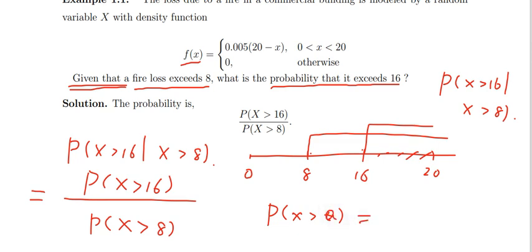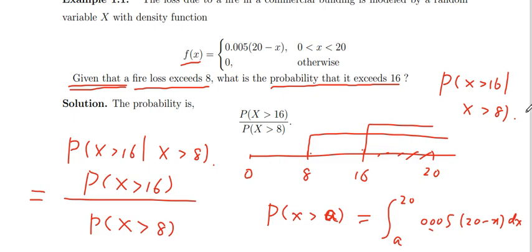Yeah, t looks like a variable. So x larger than a. How to find the probability? Just integrate from a to 20, f(x) dx.